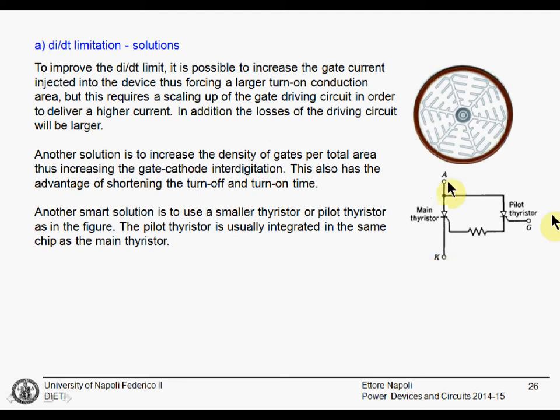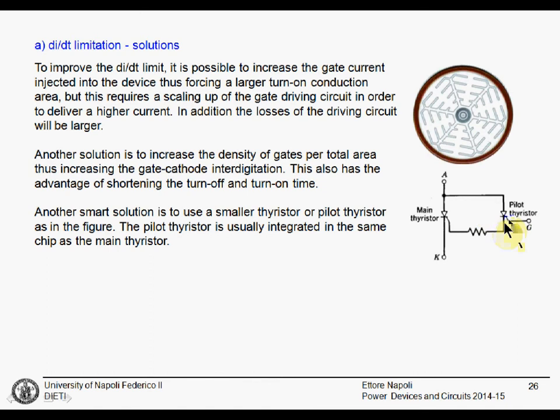In this circuital model of the thyristor, you have a small-area pilot thyristor here that you activate with a gate pulse. This is similar to a Darlington configuration for the BJTs. This pilot thyristor is actually providing the real gate current for the main thyristor.